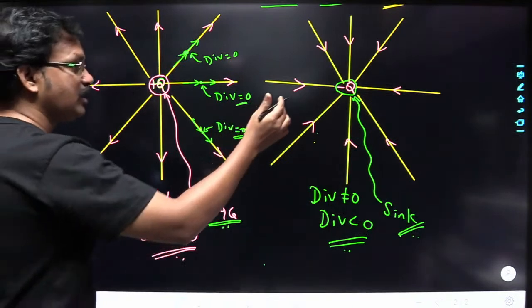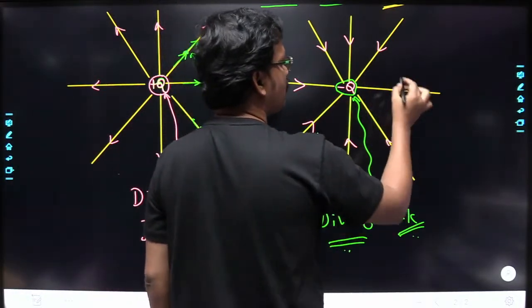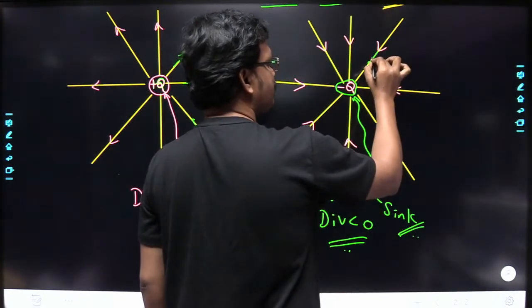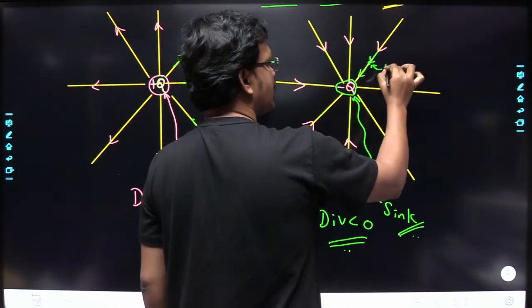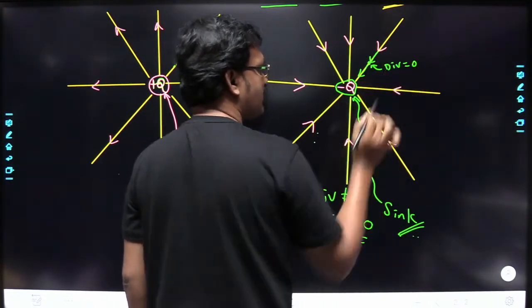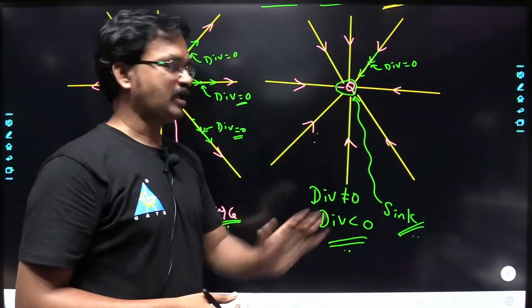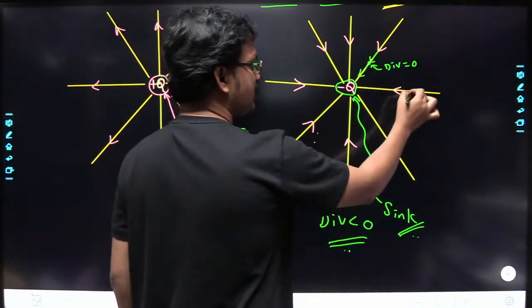Now similarly, coming to this one, if you want to determine the divergence at this point here, whatever the field that is entering, the same field is leaving. So divergence at this location will be equal to 0. Whatever the field that is entering, the same field is leaving, and hence divergence at this location is also equal to 0. So now you can consider any other point here.